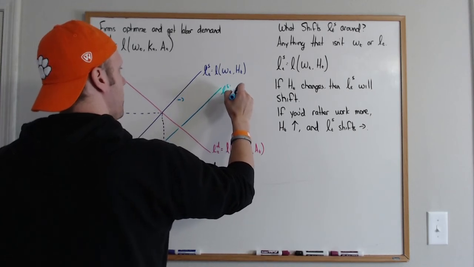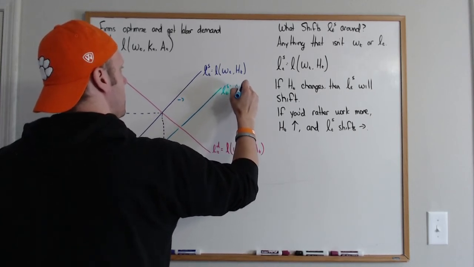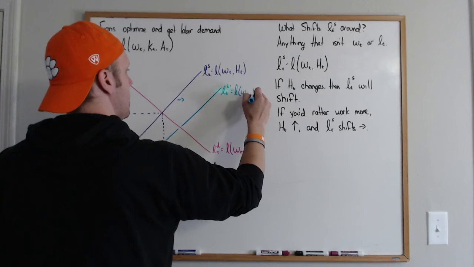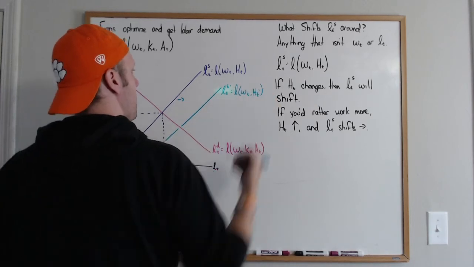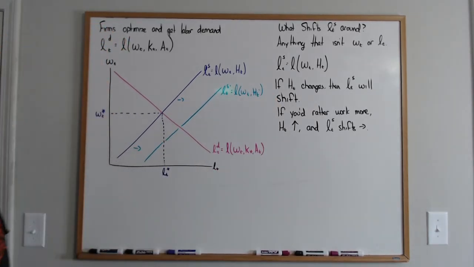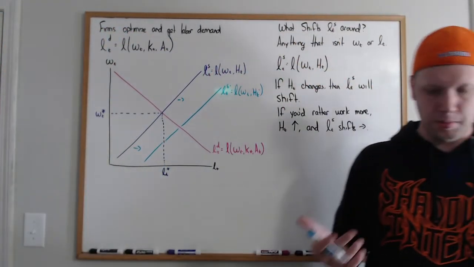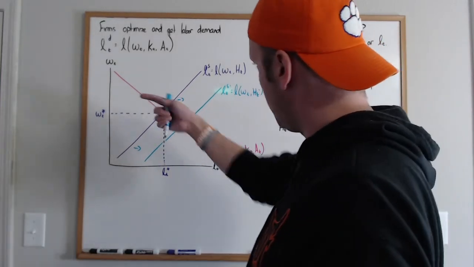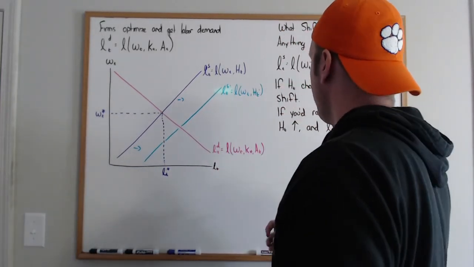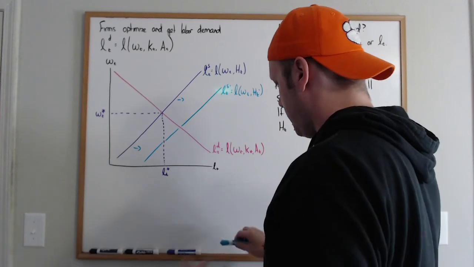LTS prime is a function of the wage rate and HT prime. If you decide, on the other hand, that you'd really rather not work anymore, you don't care to work as much, well, then it would shift the other way. But there's other stuff besides just that.